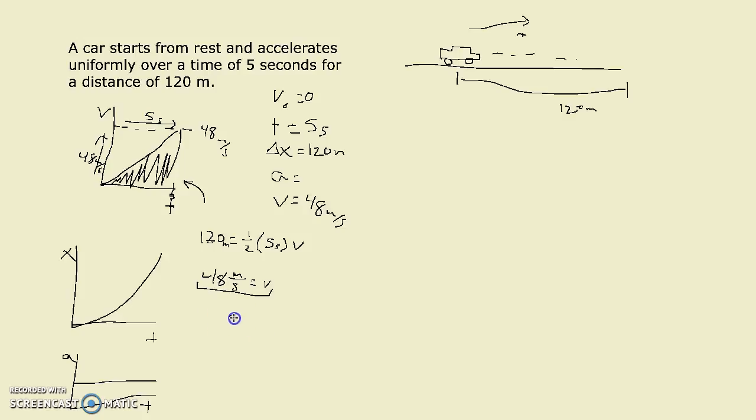So 48 meters per second in 5 seconds is going to give us acceleration, and that will be a value of about 9.6 meters per second squared, which is actually quite a bit of acceleration.